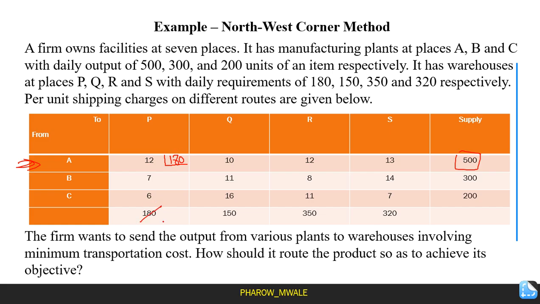So we cancel the 180, we put a 0 here, meaning satisfied. And then we need to subtract 180 from 500.